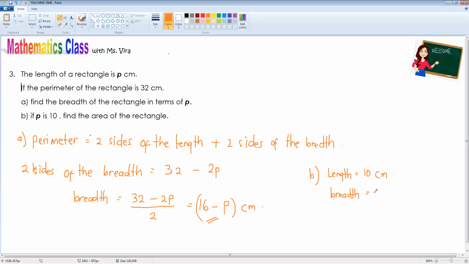So it means 16 minus 10, since p is 10, will be 6 centimeter. And then the area of a rectangle is the length times the breadth. 10 times 6 will be 60 square centimeter. And that's the answer for B.